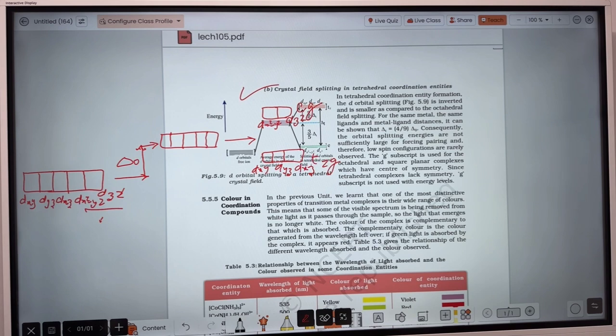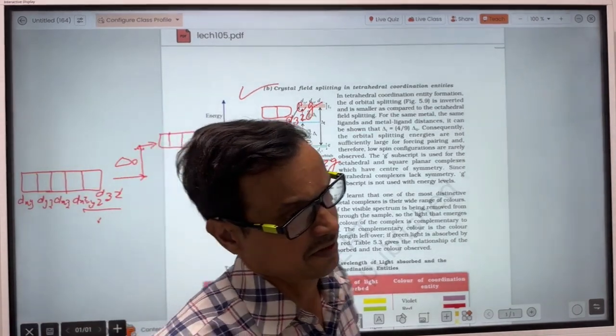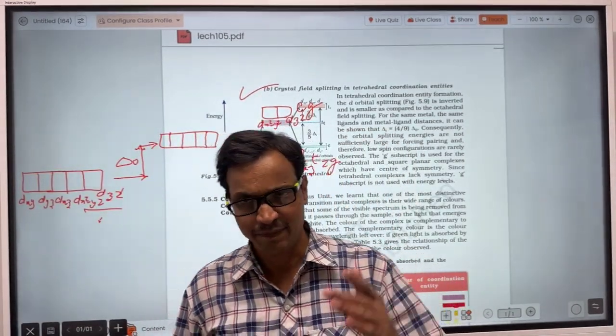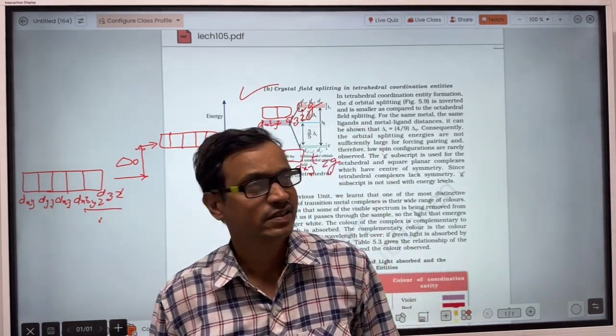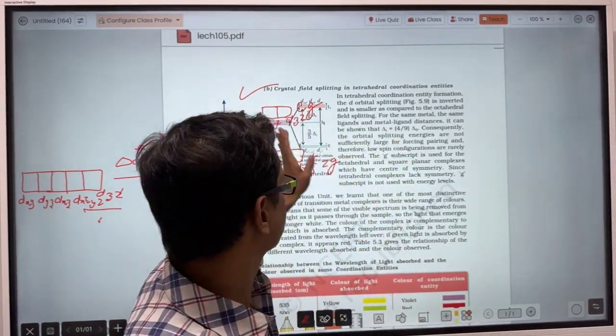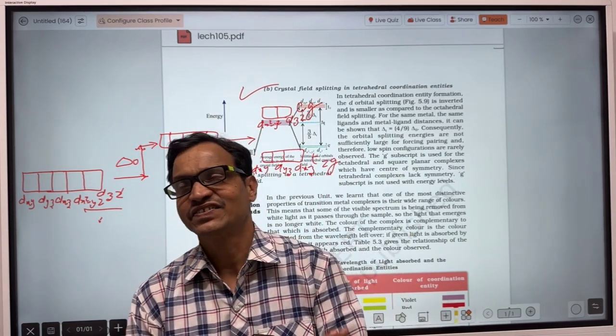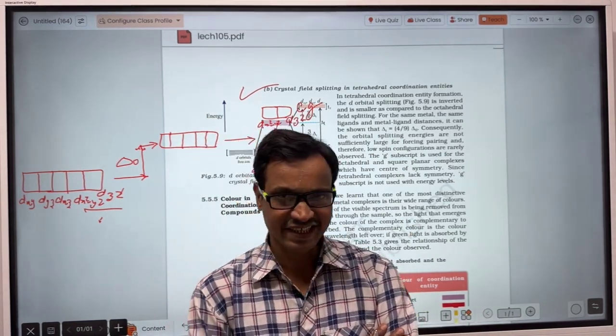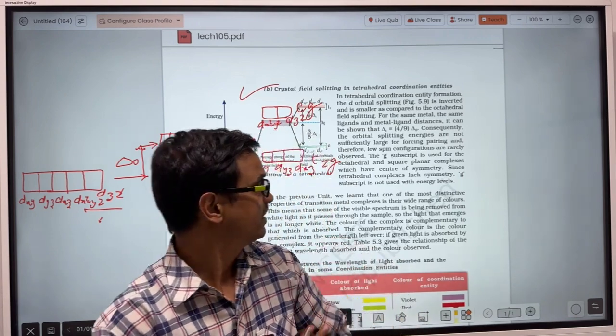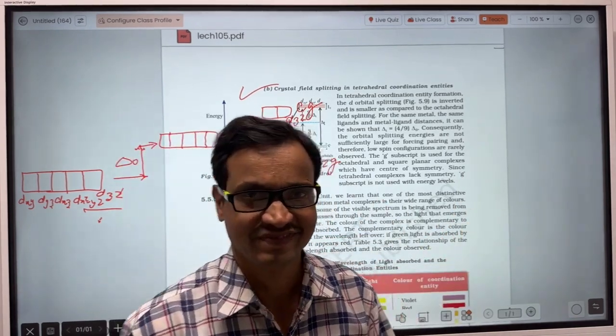Then after, the energy of dxy, dyz and dxz decreases when the ligand approaches towards the d orbital, and the energy of dx square minus y square as well as of dz square will increase, and that will be called Eg energy level.